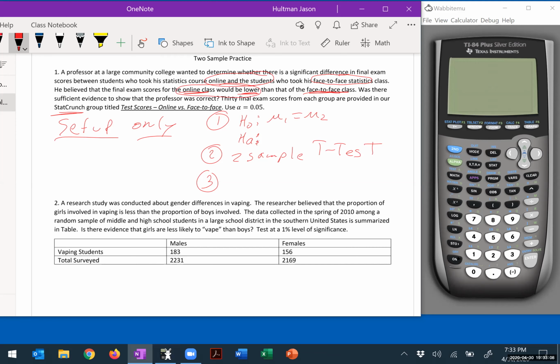So if we let mu1 be the online class, then we would expect that the online class would actually be lower, right? So let group 1 be the online class, and let group 2 be the face-to-face.